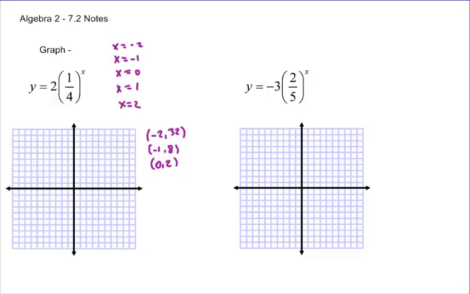And then going to the positive side of the x-axis, that's going to be 2 times 1/4 to the first, which is 2 times 1/4, which is a half. And the last one is going to be 2 times 1/4 squared, which is 2 times 1/16, which is 1/8.